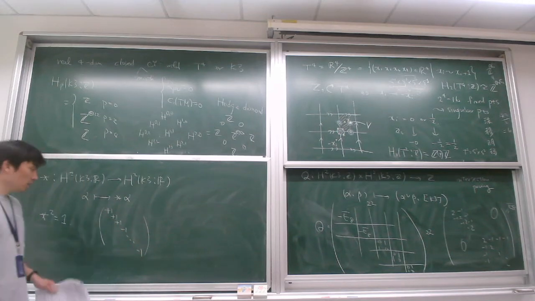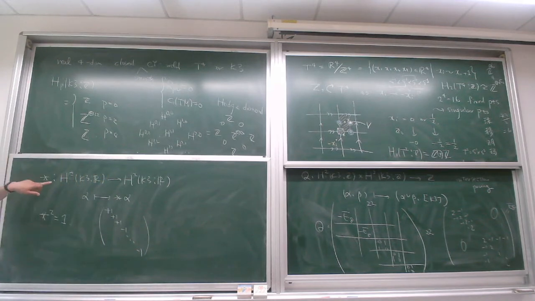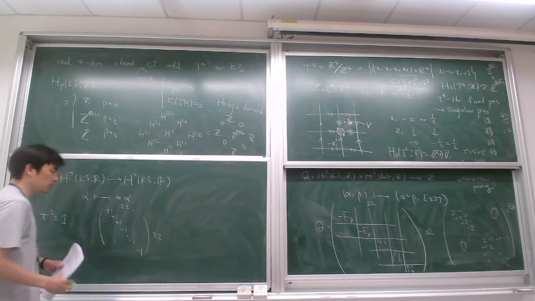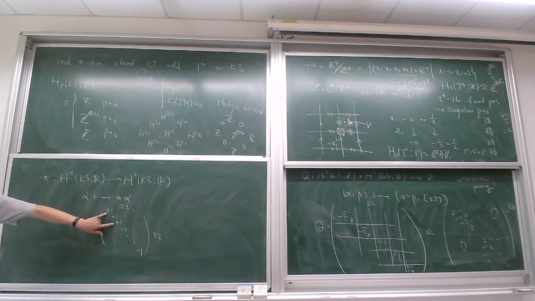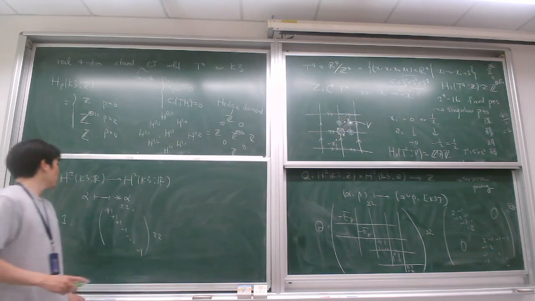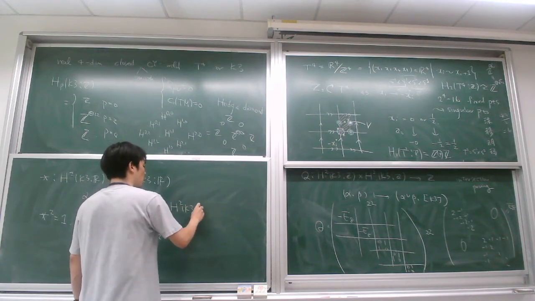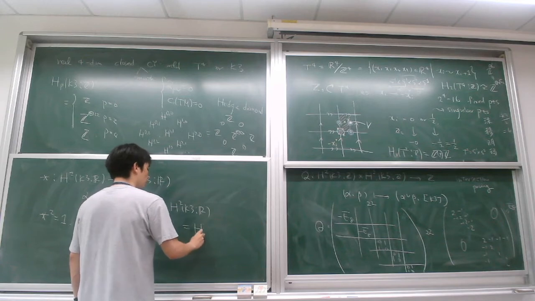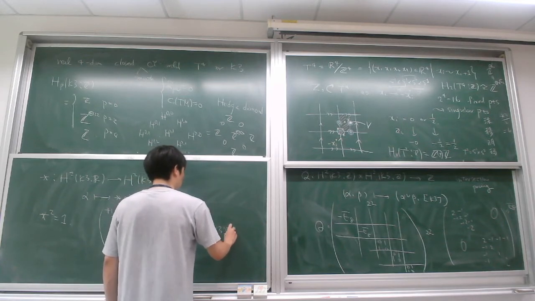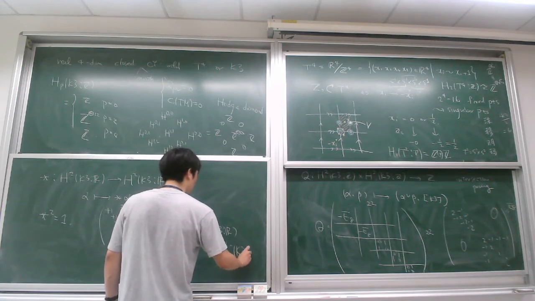So indeed, under the Hodge star the 22-dimensional space decomposes into 3 plus 1 eigenvalues and 19 minus 1 eigenvalues. So H2 of K3 over R decomposes into self-dual forms and anti-self-dual forms under the Hodge duality.